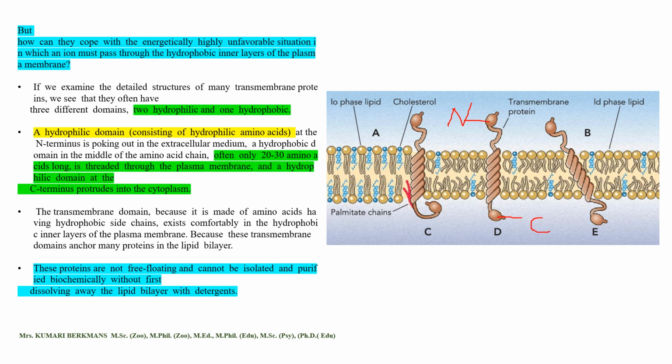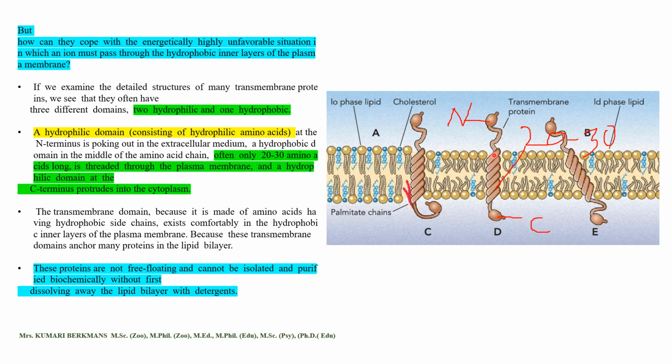The C terminus protrudes into the cytoplasm, while the N terminus is outside, protruding into the extracellular medium. And this middle piece, 20 to 30 amino acids long, is threaded through the plasma membrane.